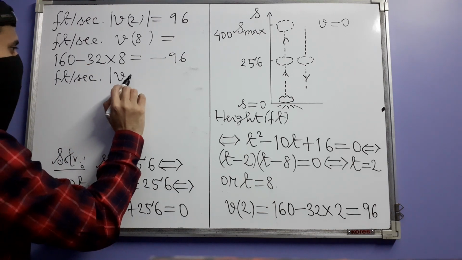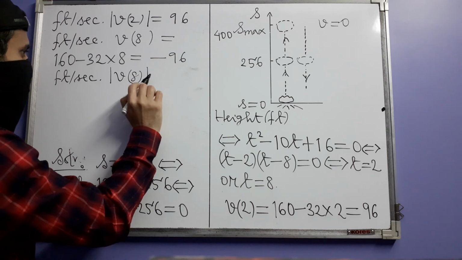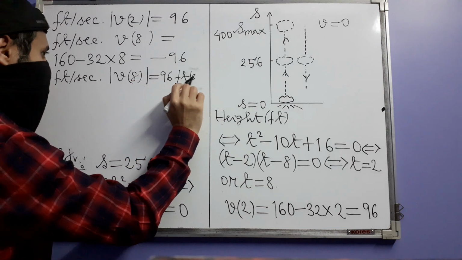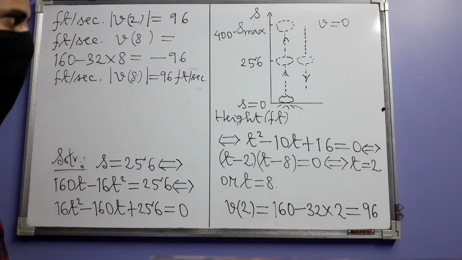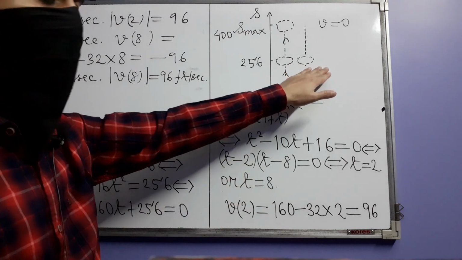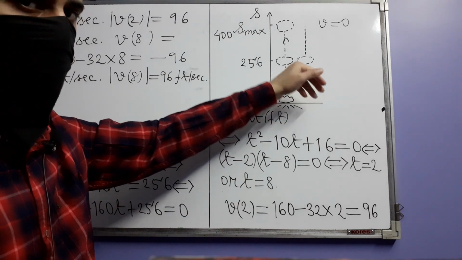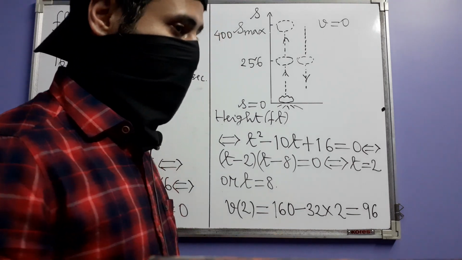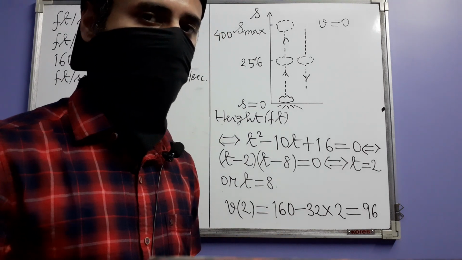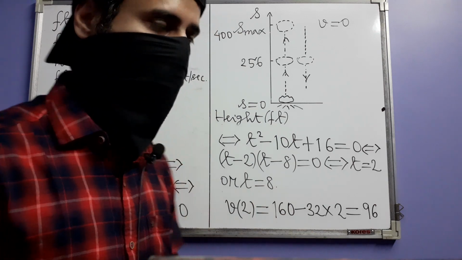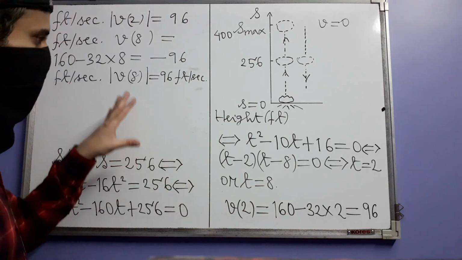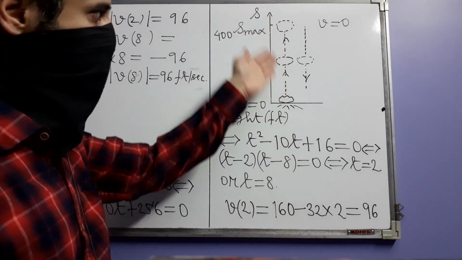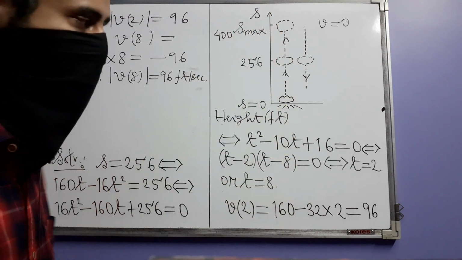And the speed at this instant is also 96 feet per second. So the magnitude of these two velocities are the same, but their directions are different. Do you see? That's why velocity is a vector. Of course, we already know, but here it has become really more clear. Same magnitude, but opposite directions, in fact.